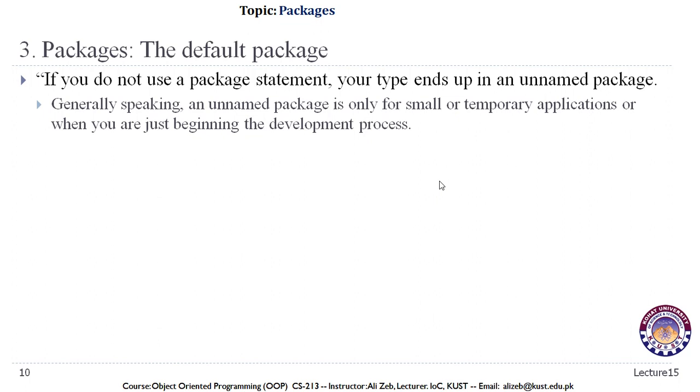Now you can use the default package and create programs in that. You have been doing that, and it is okay for smaller programs. But if you want to use your code in some other program, you won't be able to do that with a default package.